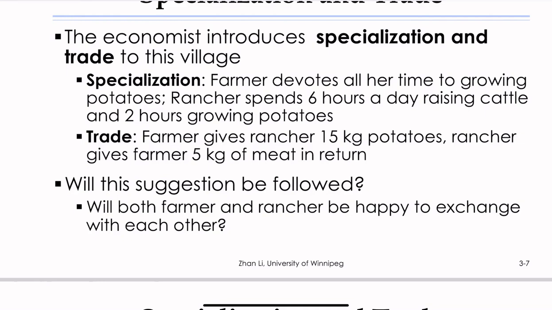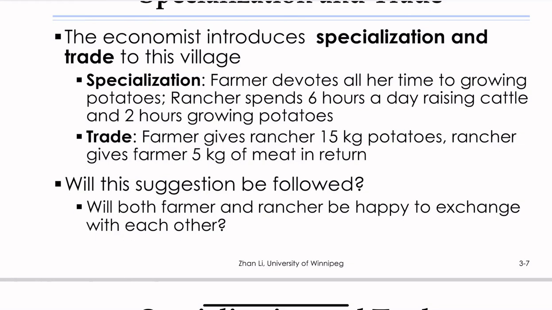So basically, the farmer will only focus on potatoes, and the rancher will mainly focus on raising cattle. After the specialization, the economist suggests trading with each other.